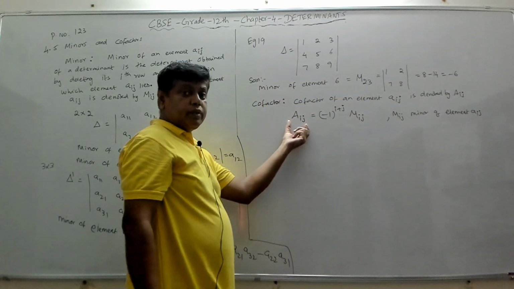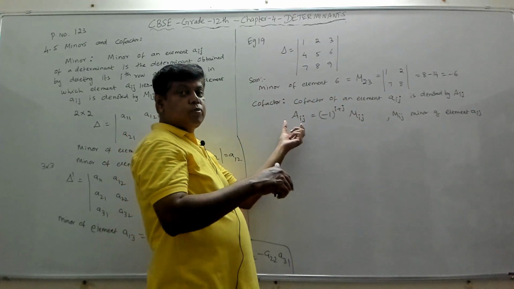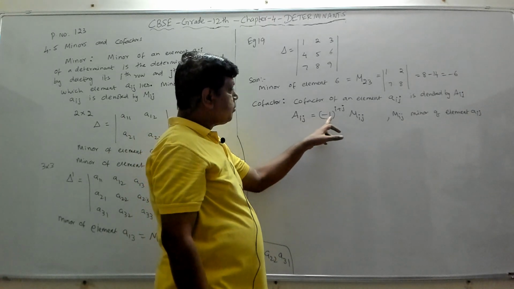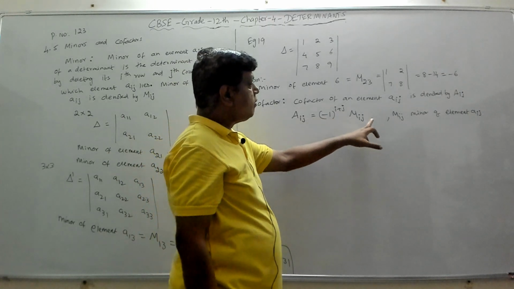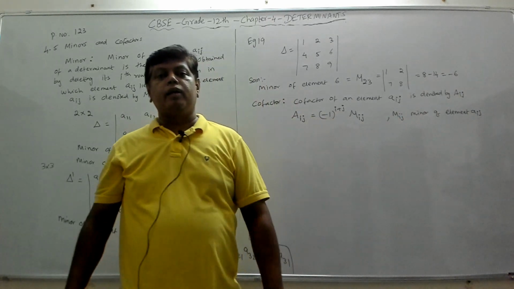Capital Aij means the cofactor of the element small aij. It is defined as minus 1 power i plus j of Mij, where Mij is the minor of the element aij.